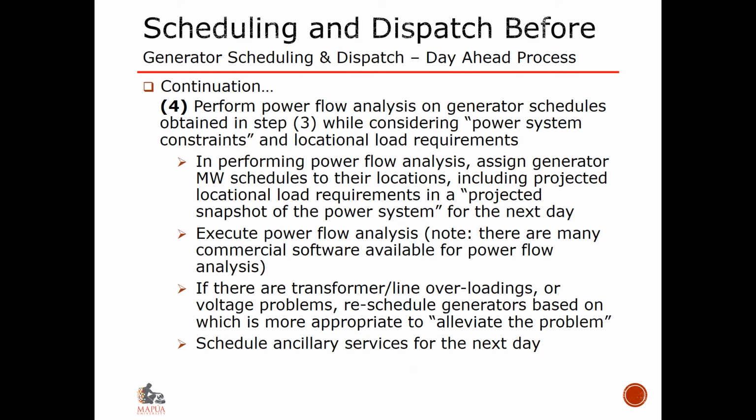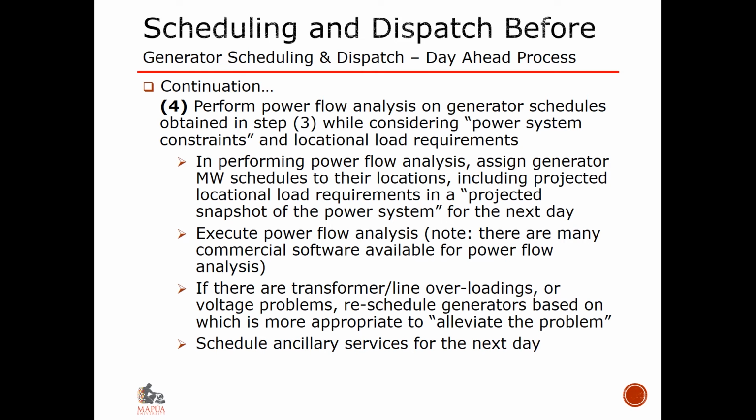Now, once I have the schedules and they technically match the demand requirements forecasted for each hour, and at the same time I am not violating any ramp rate capabilities from hour to hour for each generator, the system planner will now have to perform some power flow analysis on the generator schedules obtained in that step, while considering obviously the load requirements for each area or for each substation or node, and at the same time considering the power system constraints, such as the capacities of the lines where power will flow, and voltage stability.